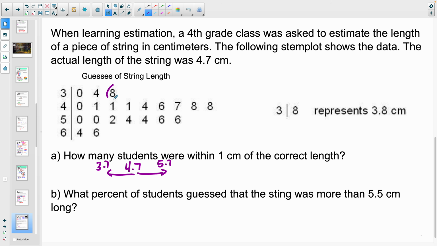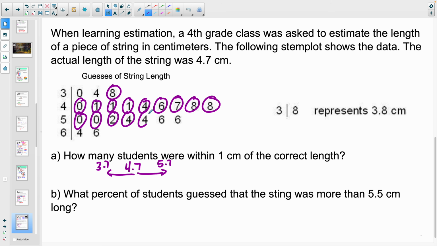So we have 1 here, and then we go 2, 3, 4, 5, 6, 7, 8, 9, 10, 11, 12, 13, 14, 15, 16, 17. So we'd say 17 students were within 1 centimeter of the correct length.